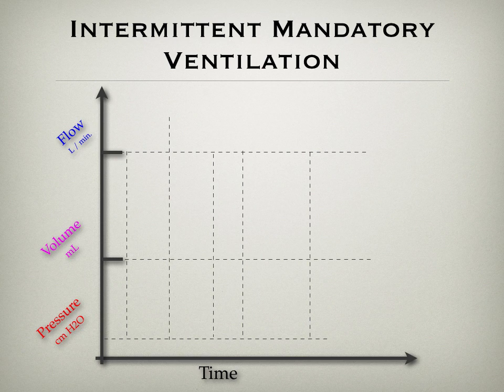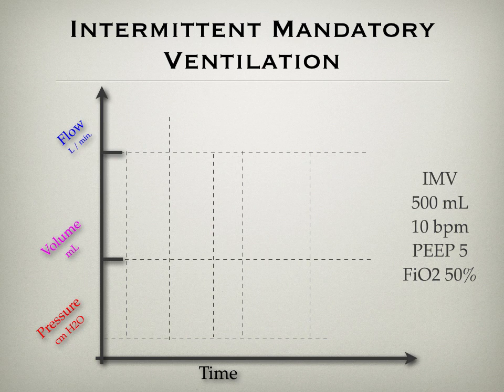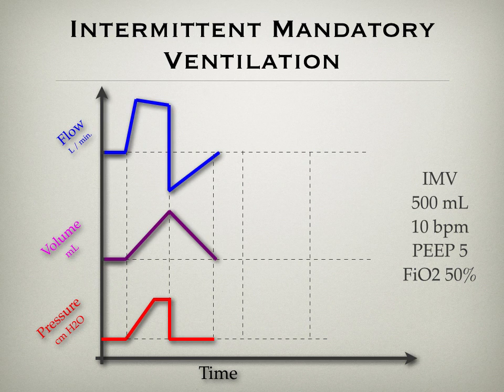We're going to set it at 500 ml, say 10 per minute, PEEP of 5 and FiO2 50%. And here we go, we deliver the 500 ml depending on the flow characteristics. And then if the patient tries to take a breath here, the patient will not get support if that breath is triggered outside of the 10 breaths that are supposed to be delivered.